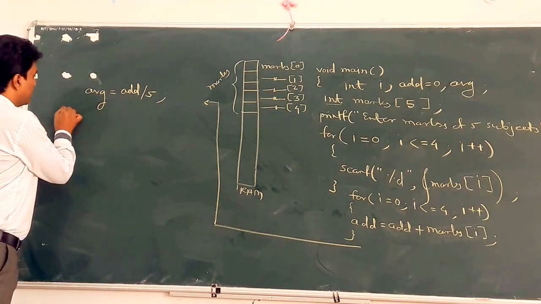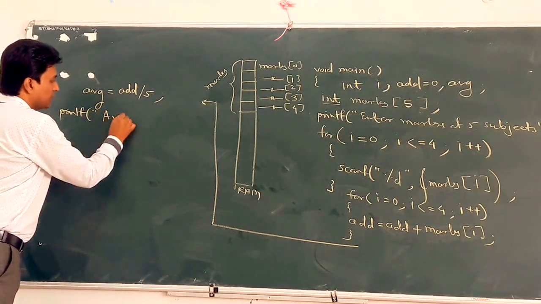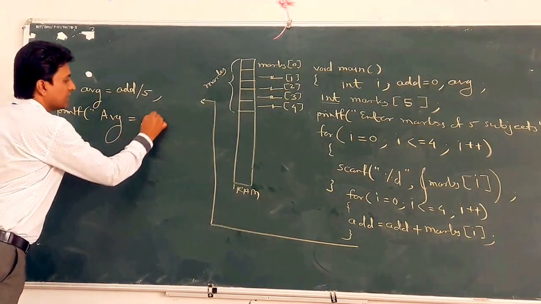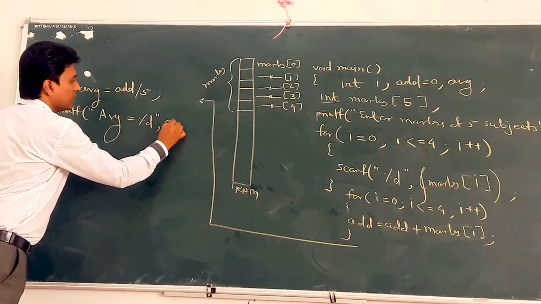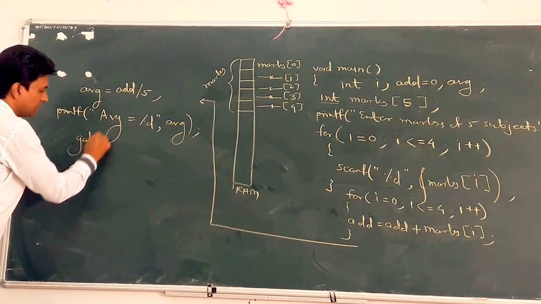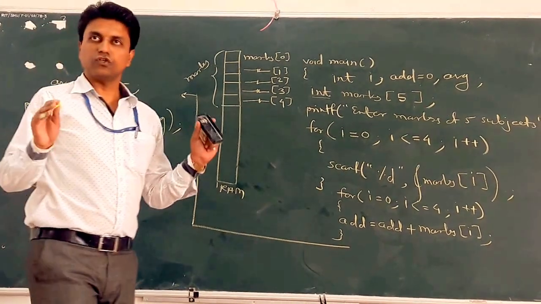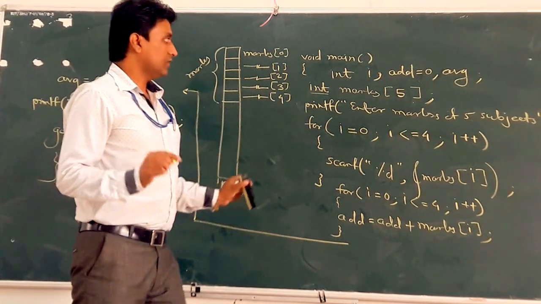After that printf average is equal to percentage d, double quotes, average. Next is getch and the main function is completed.